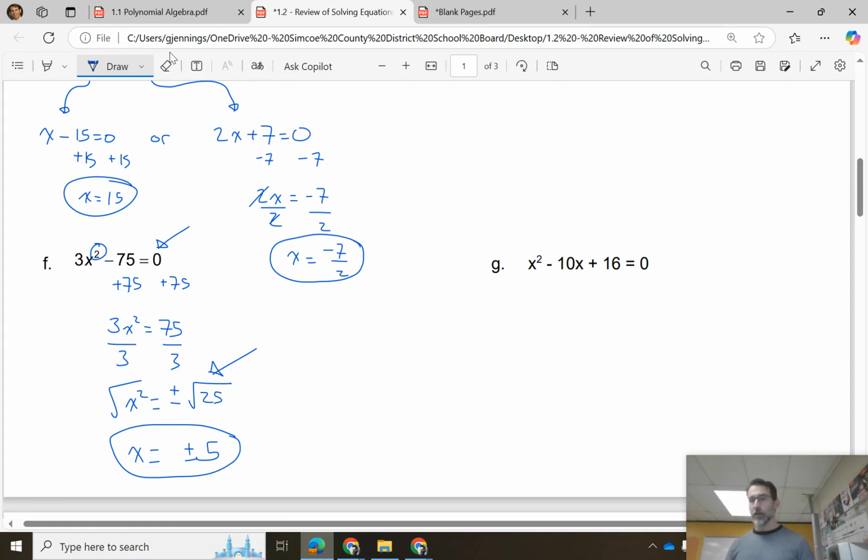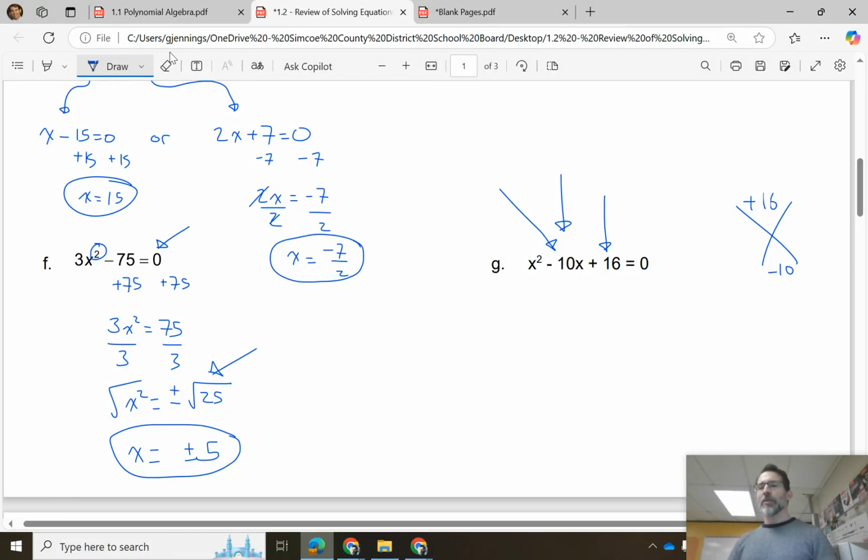We're getting there. Okay, this one here has not been arranged into beautiful little chunks for us yet. Does anyone remember how to factor these? Here I'm looking for numbers that multiply to positive 16 and add to negative 10. So anyone know these? Multiplies to positive 16, adds to negative 10.